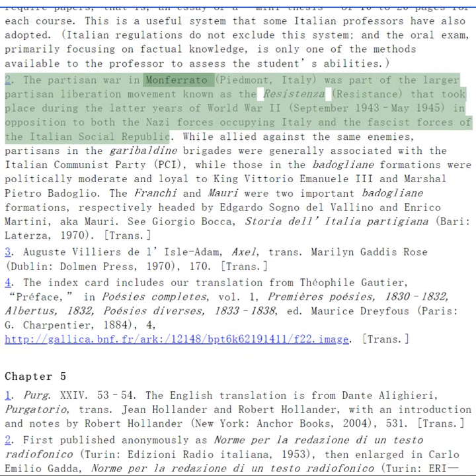2. The partisan war in Monferrato was part of the larger partisan liberation movement known as the Resistenza that took place during the latter years of World War II in opposition to both the Nazi forces occupying Italy and the fascist forces of the Italian Social Republic.